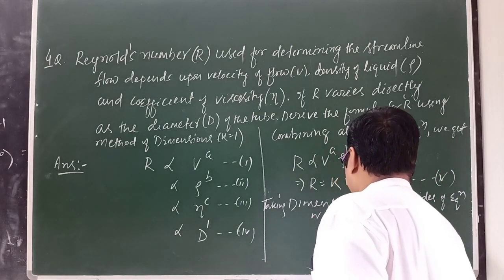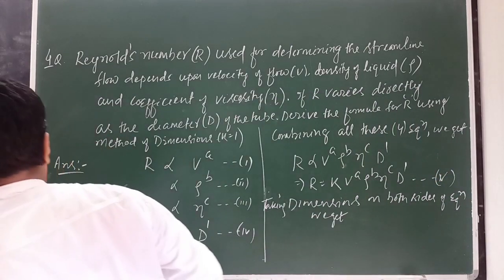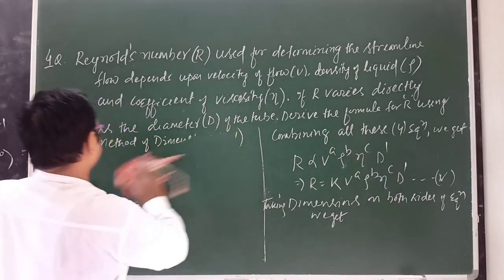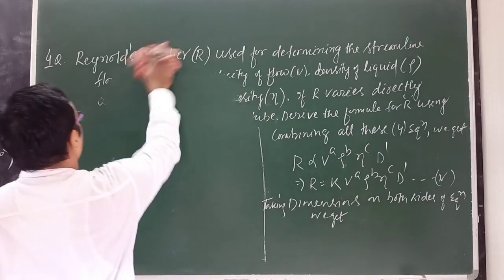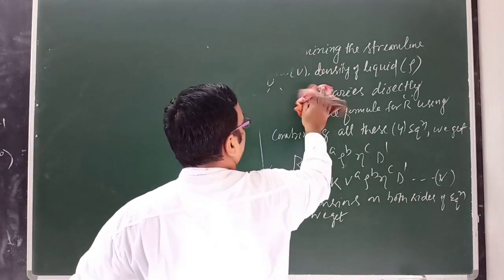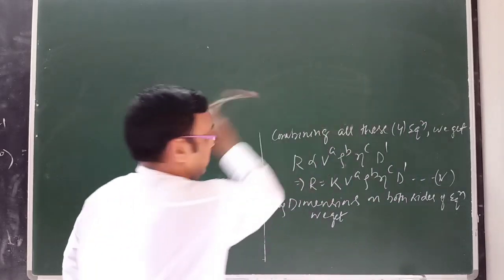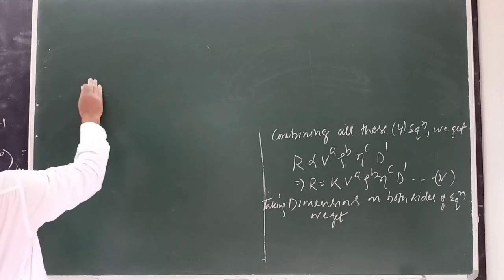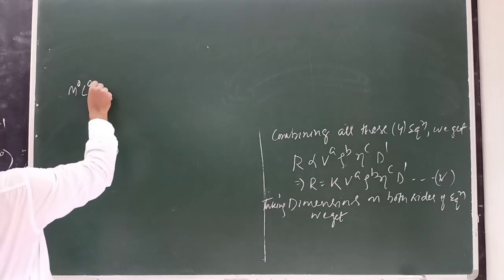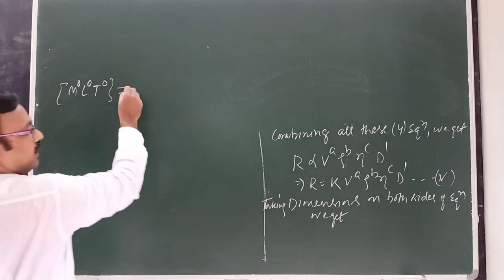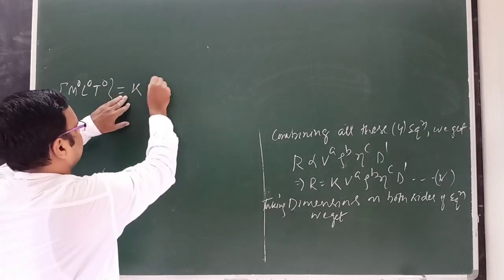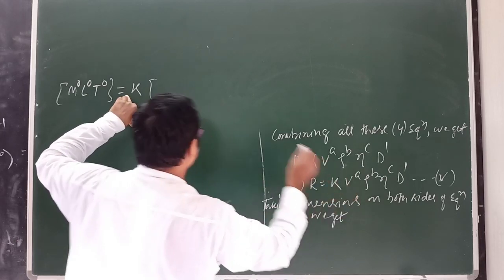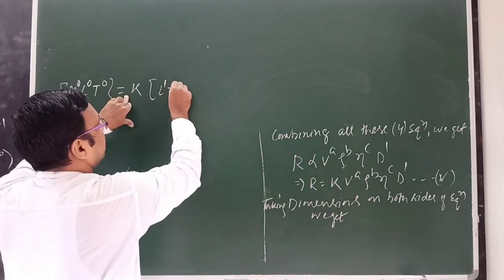We get, for the Reynolds number, as it is a dimensionless constant, we can take its dimension as M0 L0 T0. So you can write R equals M0 L0 T0, as I have just taken, K, next V to the power A. This is given velocity, and velocity means L1 T minus 1.